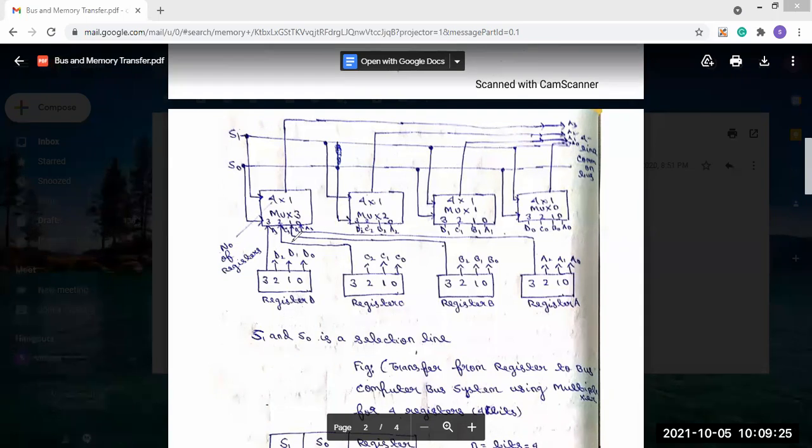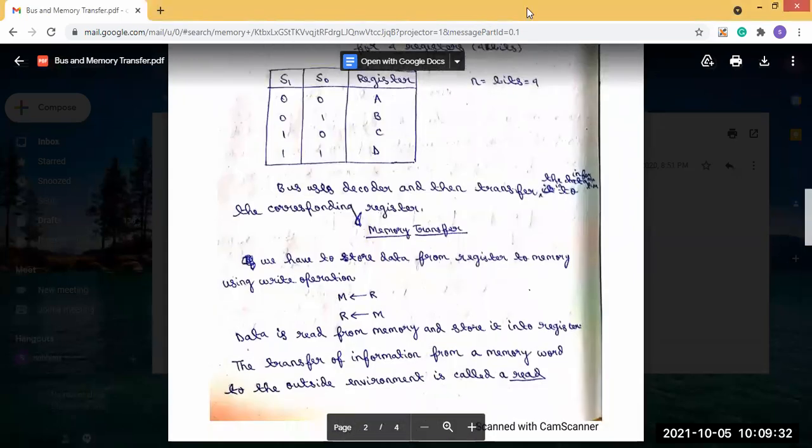So what is memory read? Let's see. Let's say this is the register, and in this register the data is stored.